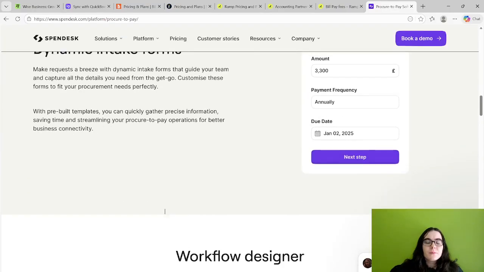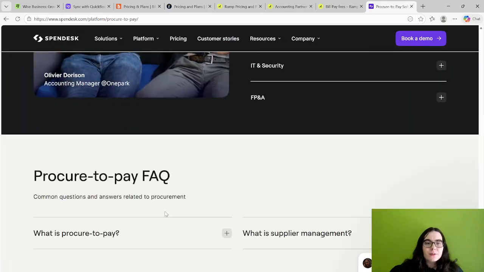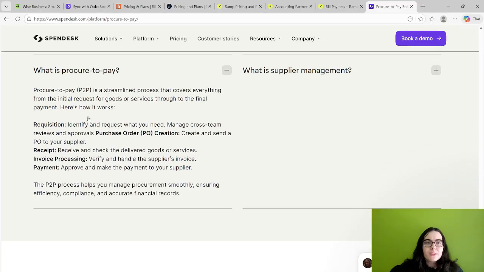It can save time. They mention here, let me scroll down for a second. Yeah, so it streamlines this whole process: requisition, receipt, invoice processing, and payment. So that can really help you when you're purchasing items.